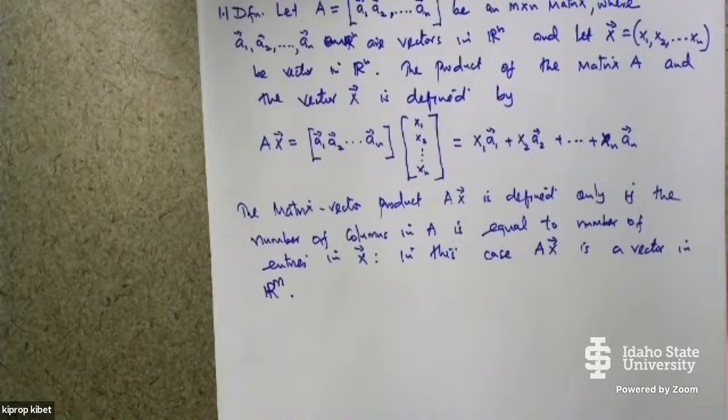We are actually looking for x1, x2, and x3, so finally we'll get a solution for x1, x2, and x3. All of these together form the vector x. And A1, A2 are the columns, so this is a column, this is a column, and that one.